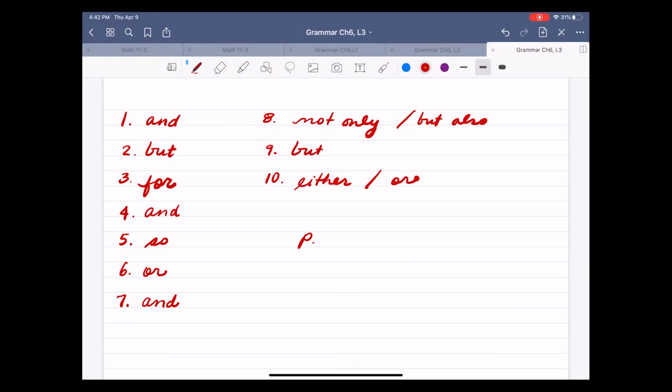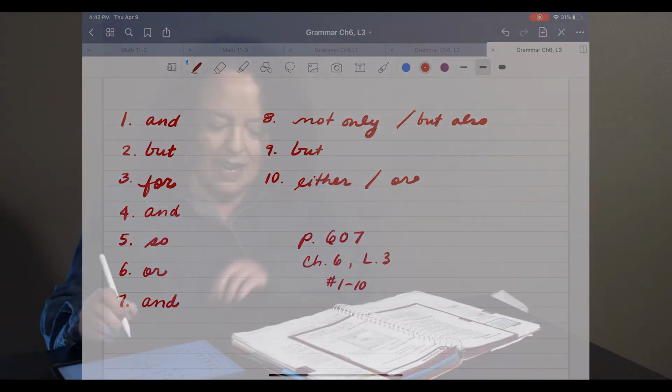All right. So a little touch on both coordinating conjunctions and correlative conjunctions. What I'd like you to do is the back of your book, page 607. I want you to do the lesson for Chapter 6, Lesson 3, and that would be numbers 1 through 10.